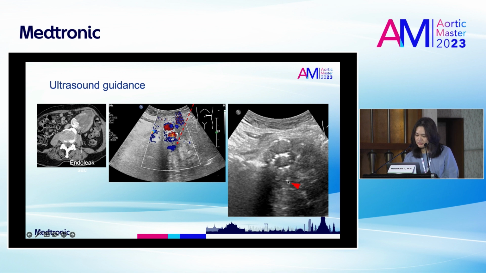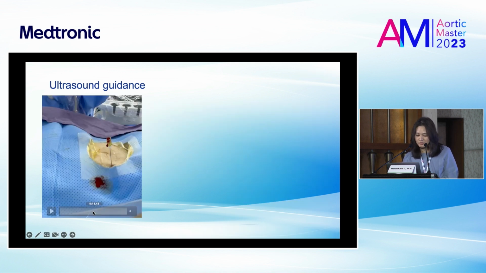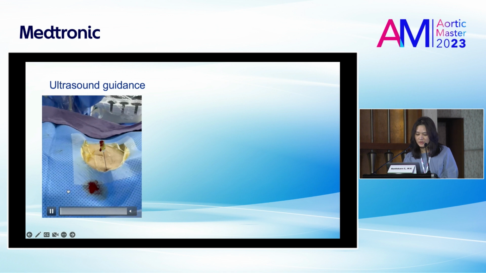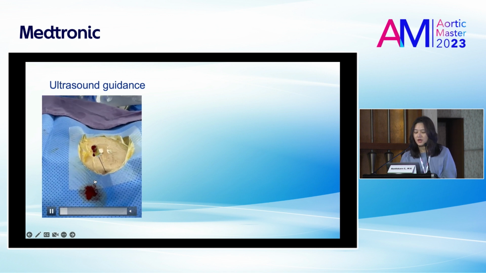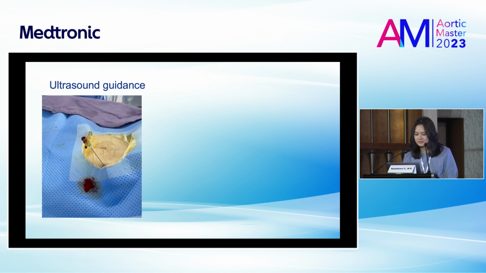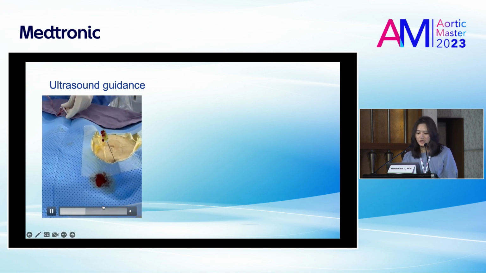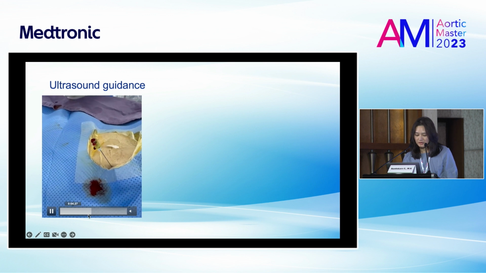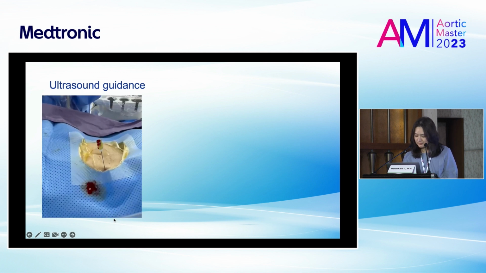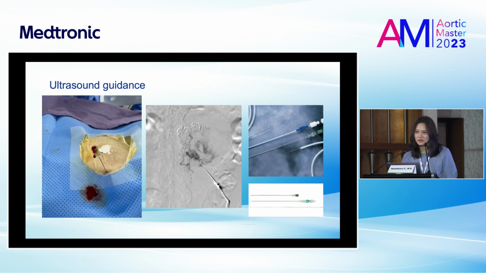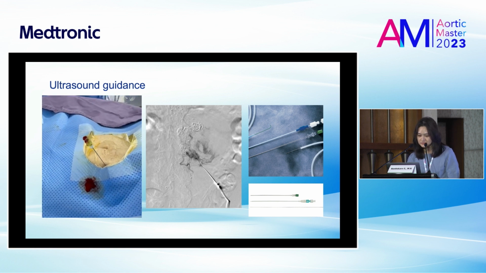This is the needle in the endoleak sac. And once you get into the endoleak sac, you can observe the back bleeding from the needle and you inject contrast to confirm the endoleak and fill the space with any liquid embolic materials.